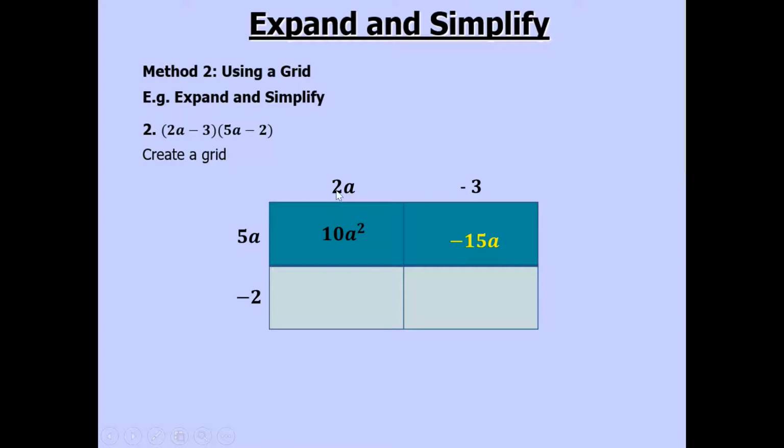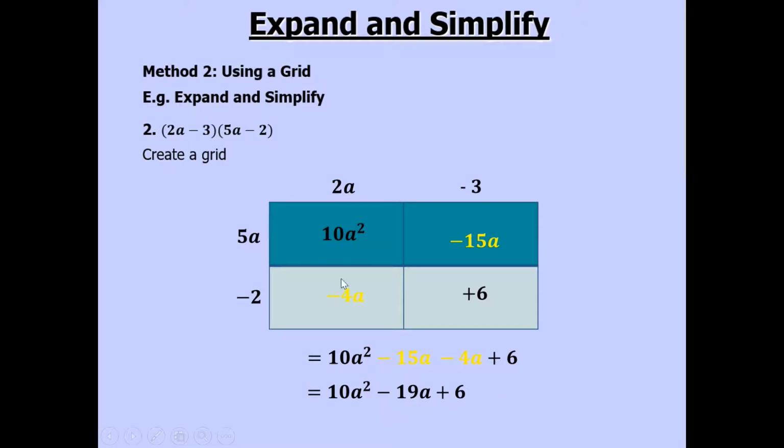Likewise, -2 times 2a is -4a, and then -2 times -3, two negatives will multiply to a positive result, so +6, and then we'll put those together, so 10a squared minus 15a minus 4a plus 6, and then these two are the like terms. We can simplify those, so final answer 10a squared minus 19a plus 6.